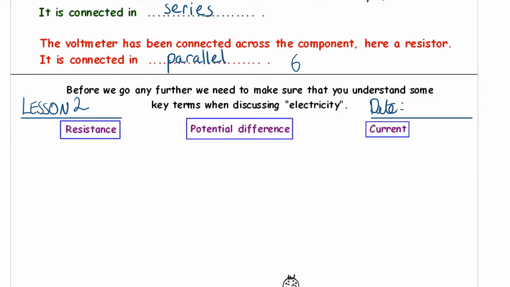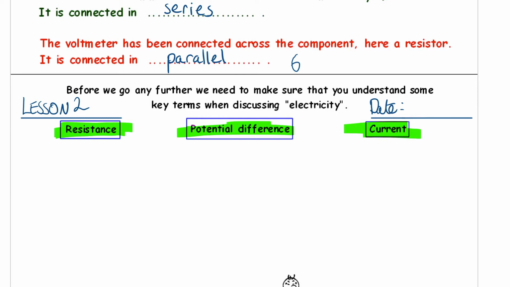You see 3 words at the top. We're going to be using these words and terms a lot during this topic. In today's lesson, we're going to start to use and gain an understanding, more importantly, of what these terms mean.